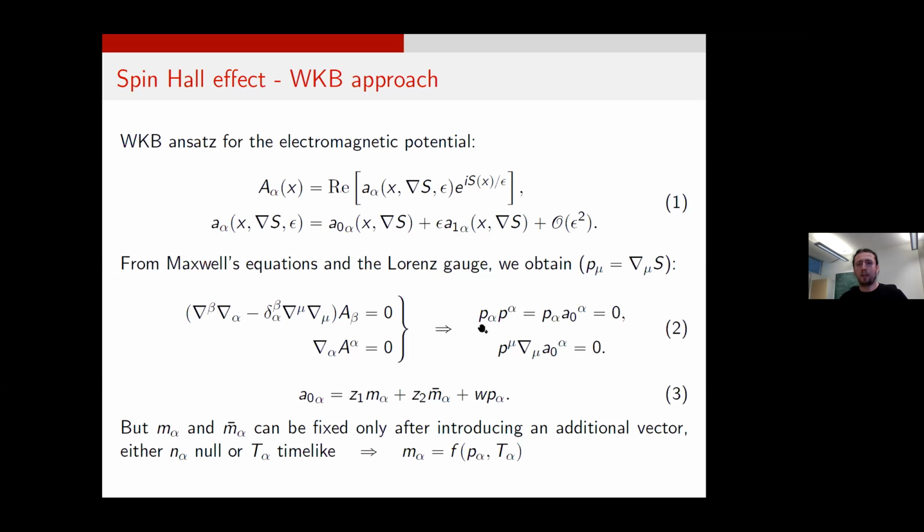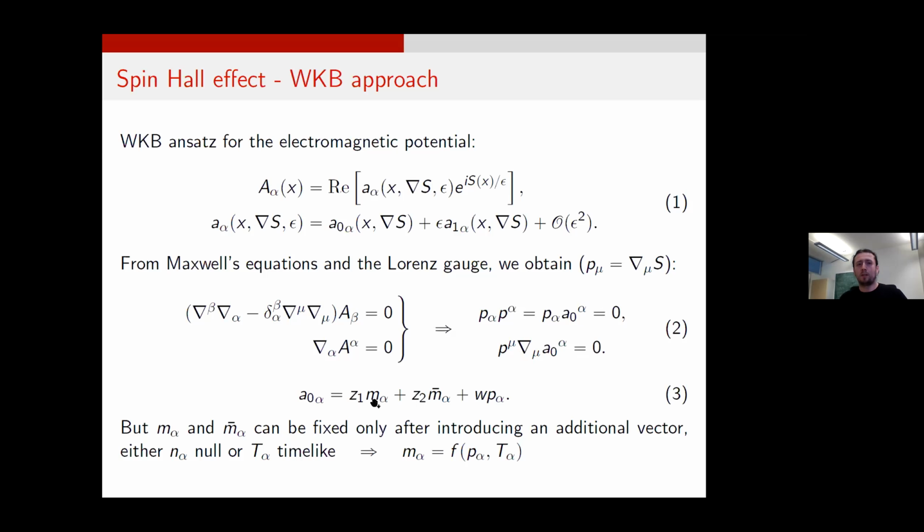We obtain that the gradient of the phase, represented here by P, is null, and that P is orthogonal to the polarization vector A0, and also that the polarization vector A0 is parallelly propagated along P. Based on this orthogonality relation between A and P, it is convenient to rewrite the polarization vector in terms of a null tetrad.